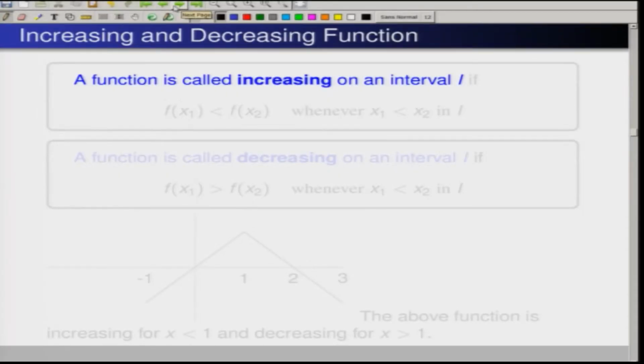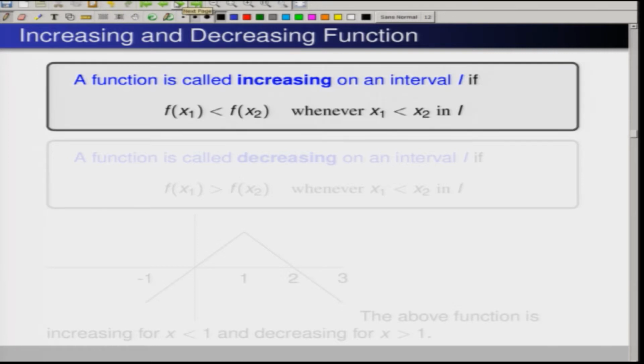A function is called increasing on an interval I. A function may be defined on the entire domain, but I may be a subset of the domain D. So, f is increasing on that interval I if f of x1 is less than f of x2 whenever x1 is less than x2 in I. It is not necessary that it satisfies this on the entire domain. So, in that interval I, f is an increasing function.